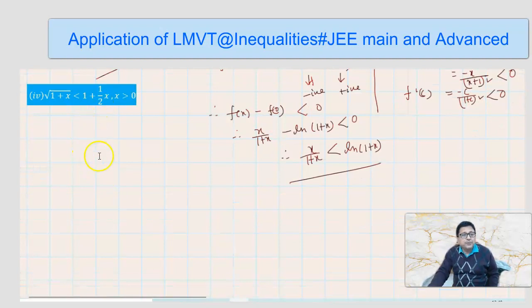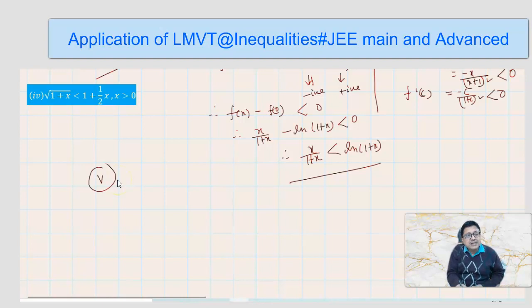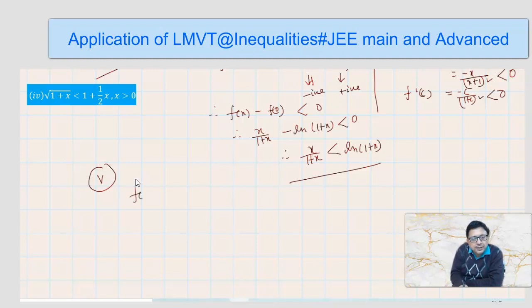We are going to prove root(1 plus x) is less than 1 plus half x. How to prove this? You can proceed with the method you have learned already. Otherwise, you take the function f(x) equal to root(1 plus x) in the interval 0 to x.